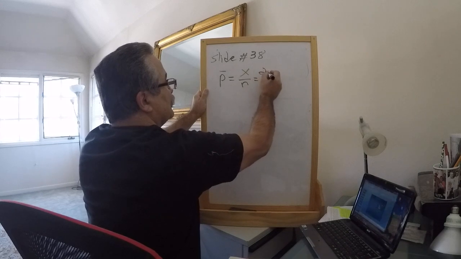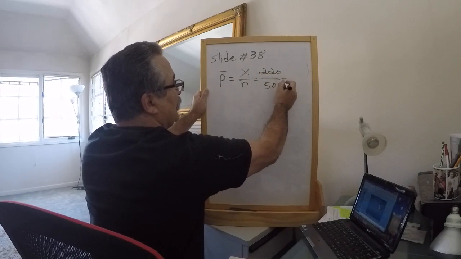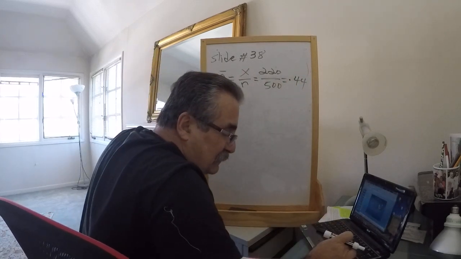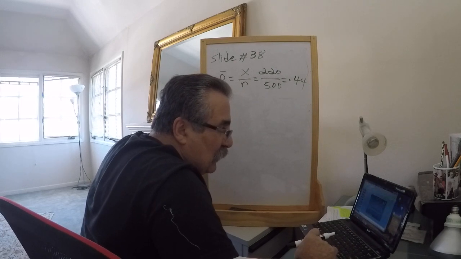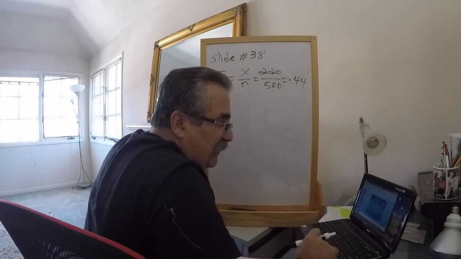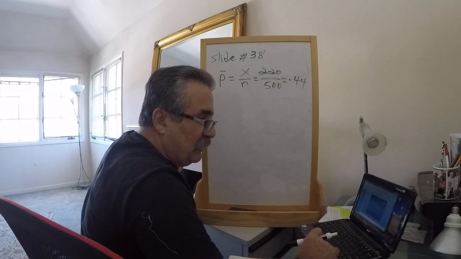So x is 220 divided by 500. That's, I think, 0.44. And now we have to go ahead and calculate the 95% level margin of error.